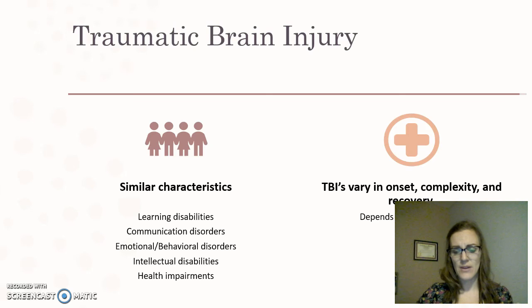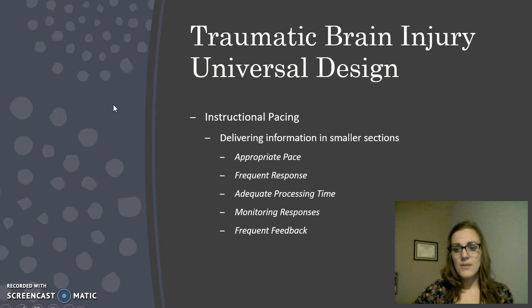So it's going to be a very different experience for every person, even if it appears that they have the same injury. So some strategies to help through universal design with traumatic brain injuries is instructional pacing.